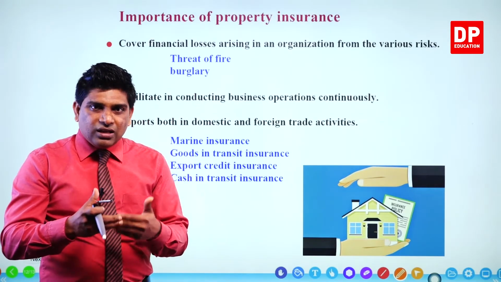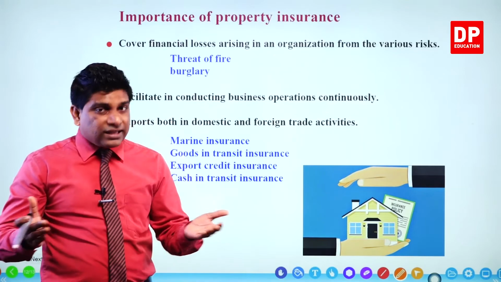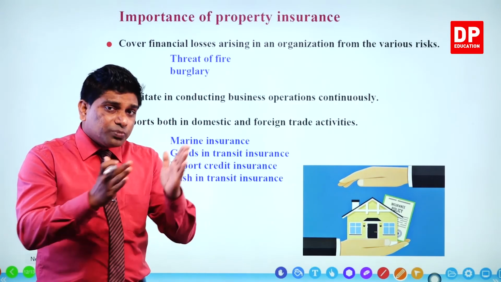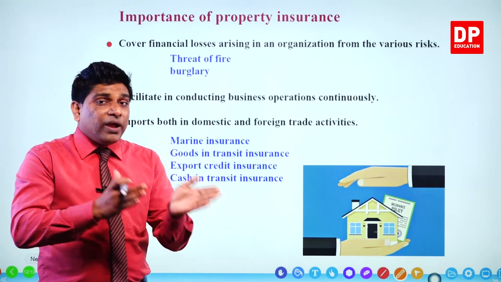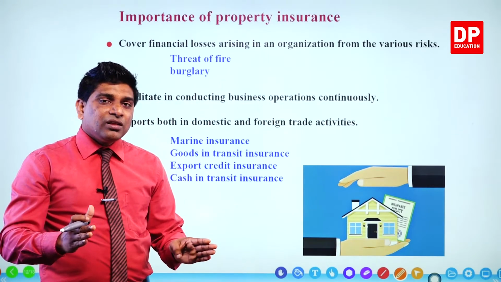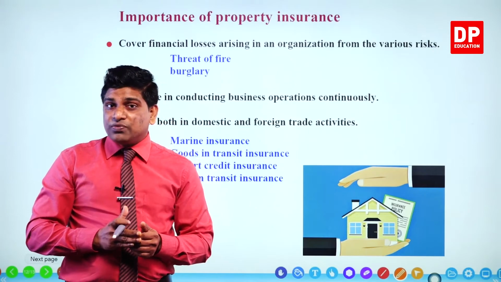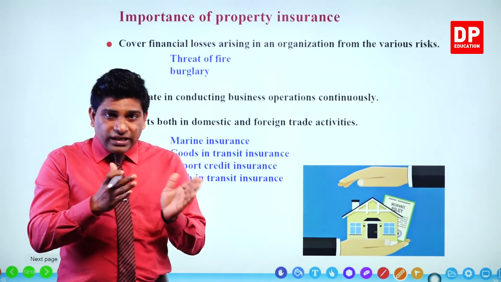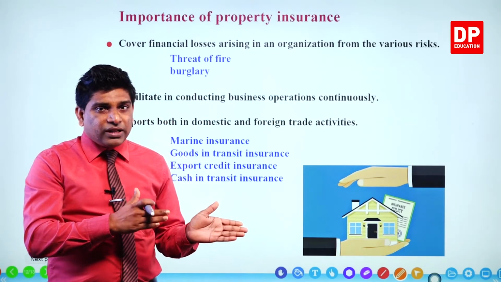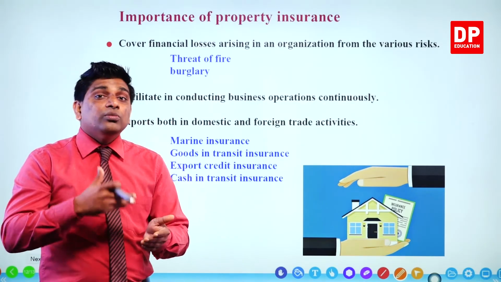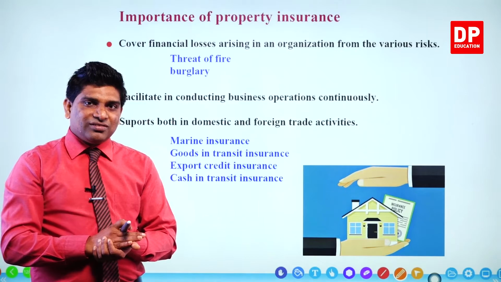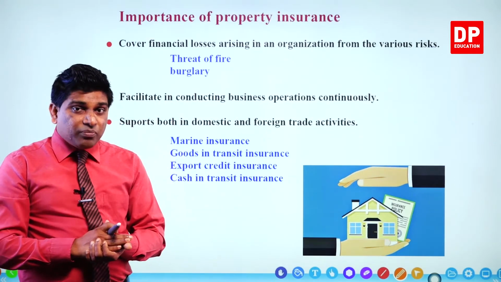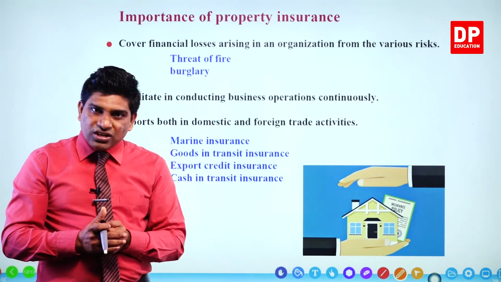You have to pay as insurance premium for the whole year. But you remember, if you had the insurance policy, you have paid only 150,000 rupees for the whole year, you can get 2 million rupees from the insurance company to recover your financial loss. But if you didn't take an insurance policy for your vehicle, you have to bear that 2 million loss by yourself, right? So remember, property insurance is very important to you to recover your financial loss.